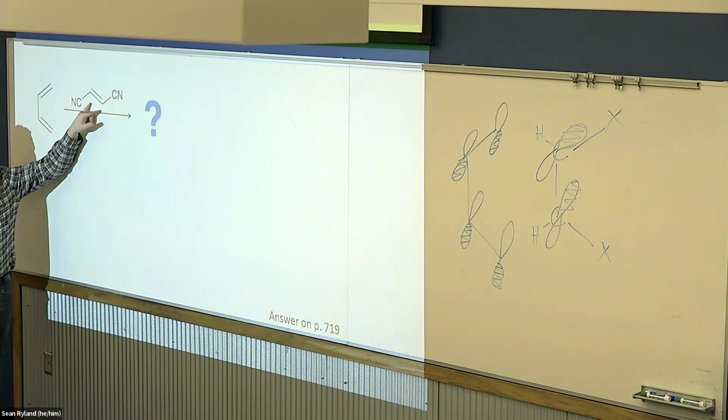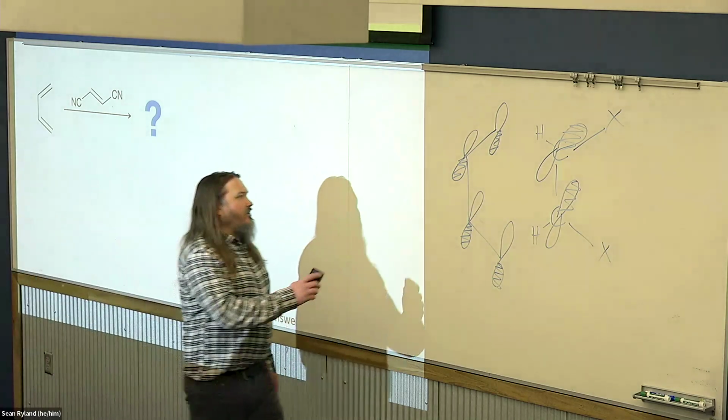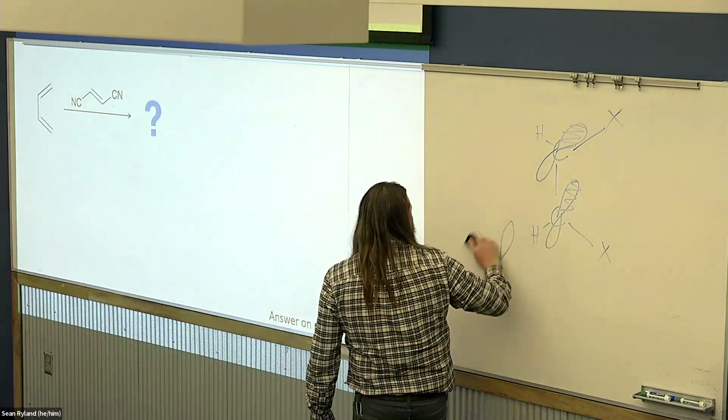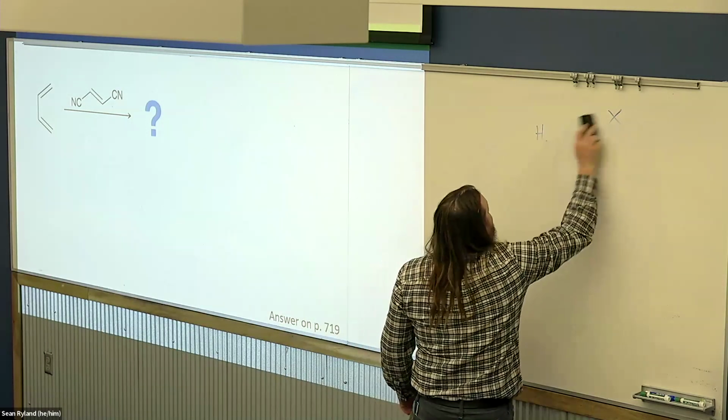Usually it's something else with pi bonds attached to it, just because that makes it more reactive. So cyano groups, nitro groups. Really, anytime you've got a conjugated diene and something else with a pi bond, your first thought should be Diels-Alder.